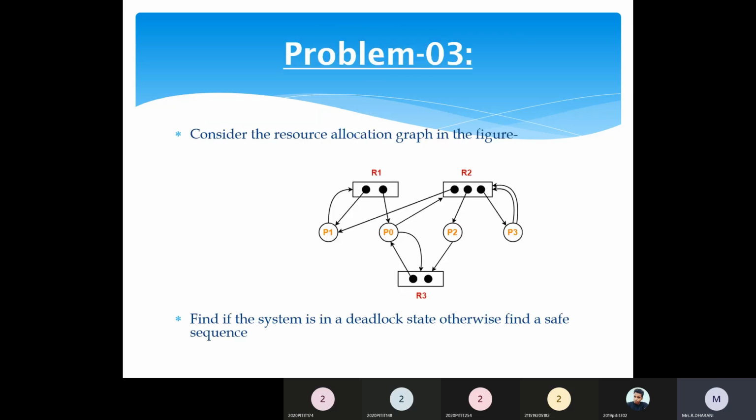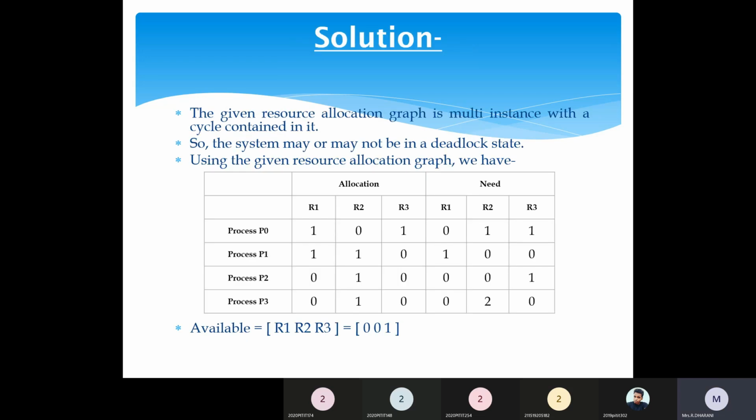One instance is given to P1, one to P2, and one to P3, so there is no instance free in R2. And for R3, one instance is given to P0, and one instance is not allocated at all. So for R3 you have one availability. So 0 0 1. Okay.